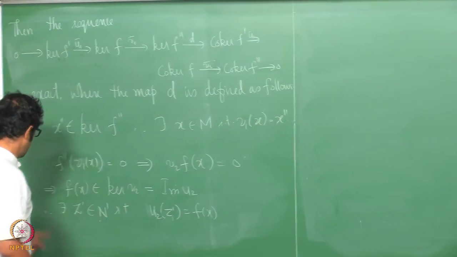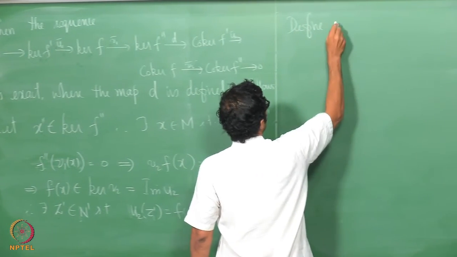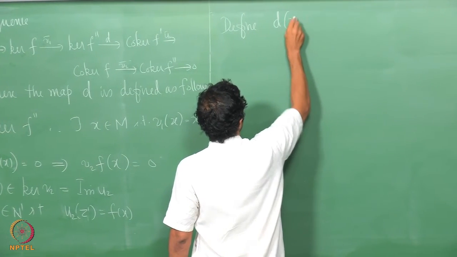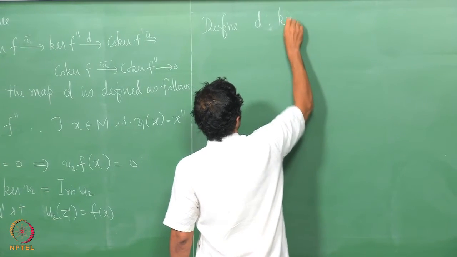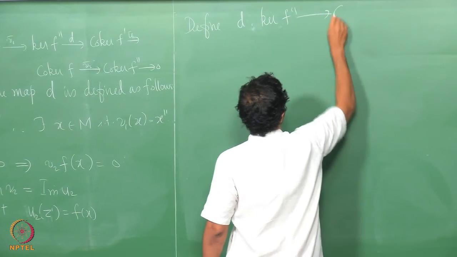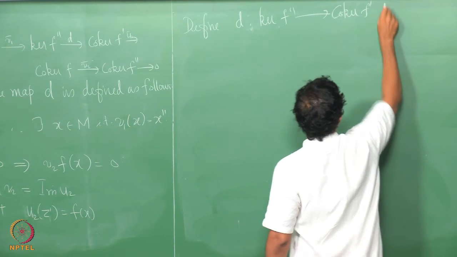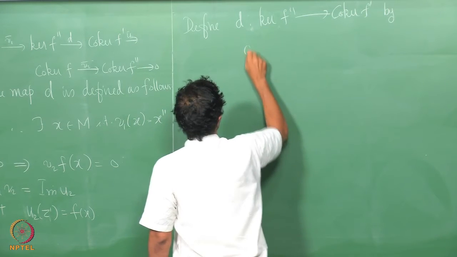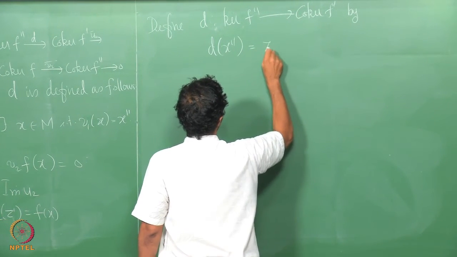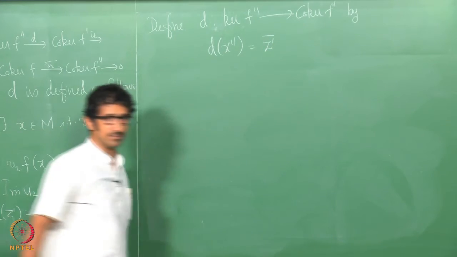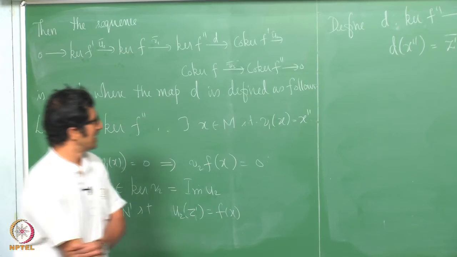So, define d from kernel f double prime to co-kernel of f prime by d of x double prime equal to z prime bar.